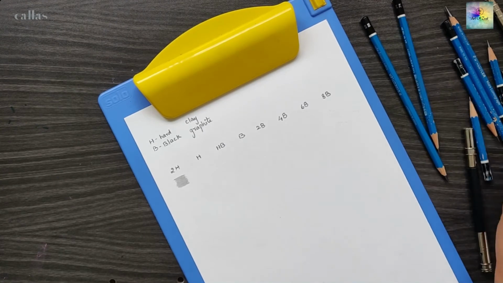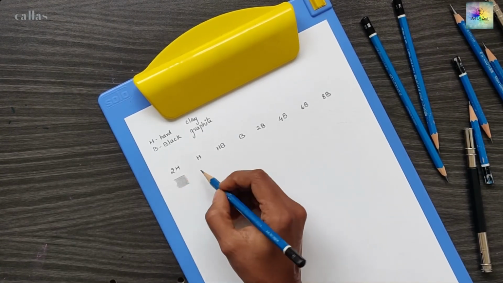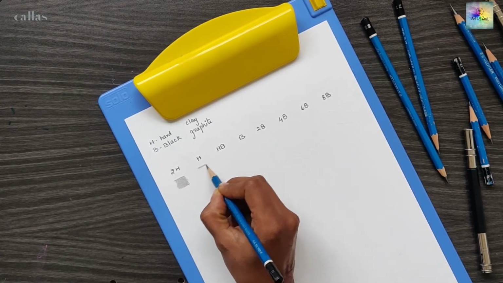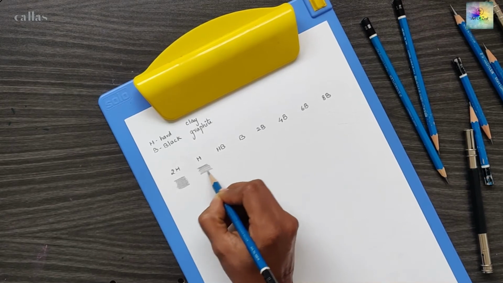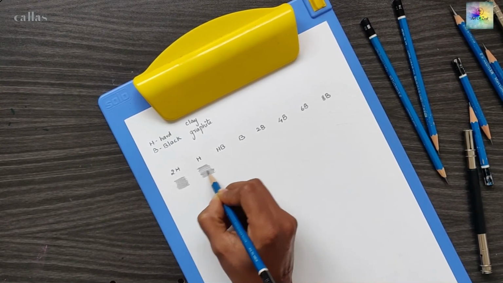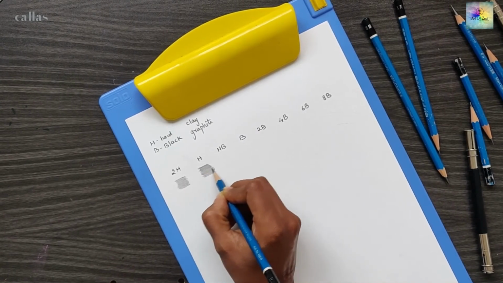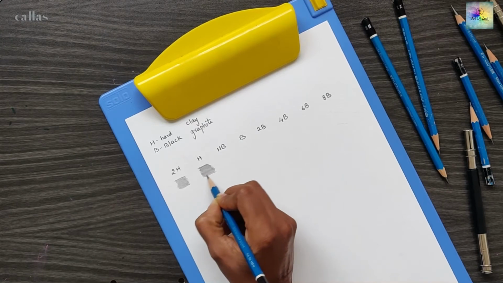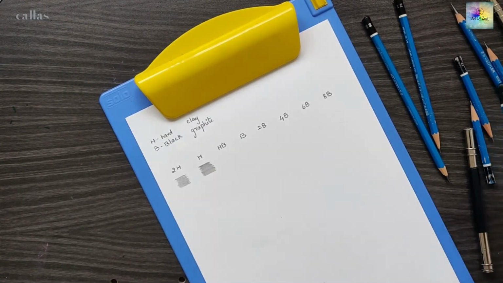So when it is H, compared to 2H, the H will be a little darker. So this is the shade of H. We use it for outlines or the first layer of shading. For all those purposes we use H and 2H.